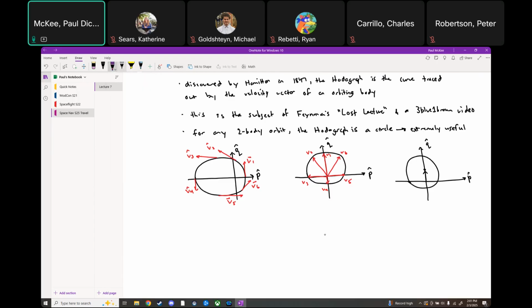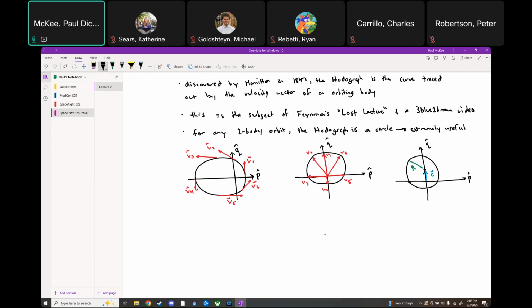Let's use blue. You could use this vector here from the origin to the center. We'll call that the C vector. And then its radius r. And if you know C and you know r, then you know everything you need to know about your hodograph.